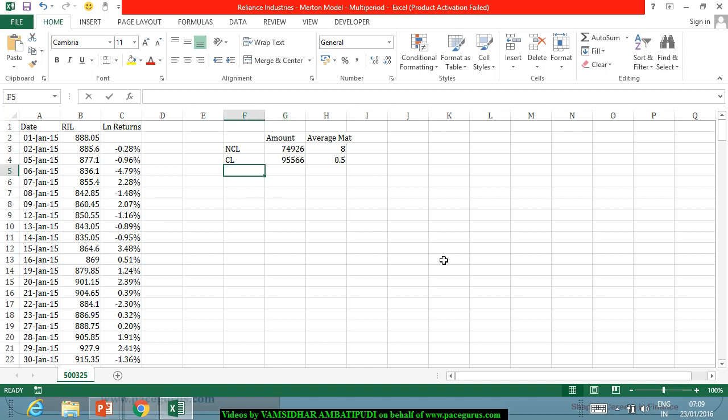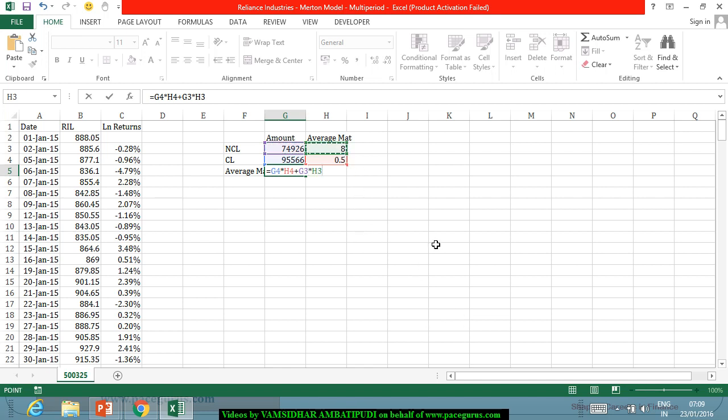So I'll compute the average maturity, wherein I'm looking at the current liabilities multiplied by the average maturity of the current liabilities, which I have taken as 0.5, plus non-current liabilities multiplied by the average maturity of the non-current liabilities, divided by the total liabilities.